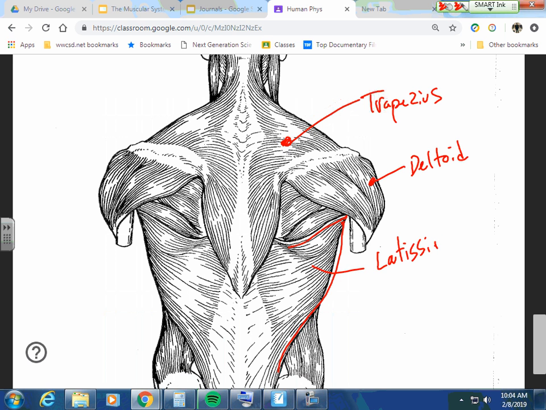So we have the traps up there on the back, and then we have the lats. Trapezius and latissimus dorsi. We also have down here in the lower back region, the lumbar region, the quadratus lumborum. I think that's all for this, right? That's all, folks.